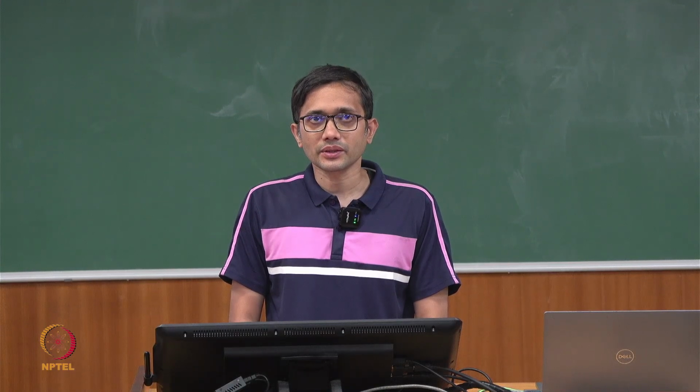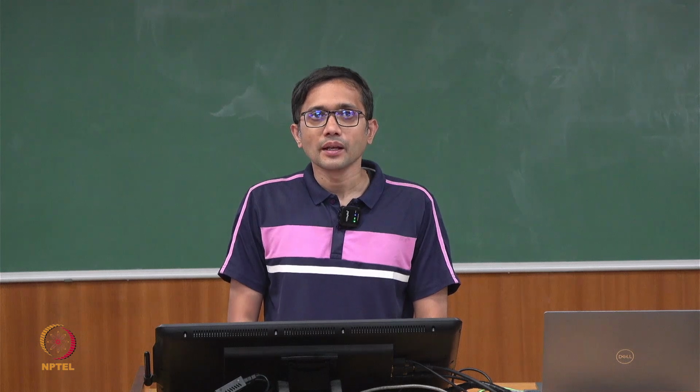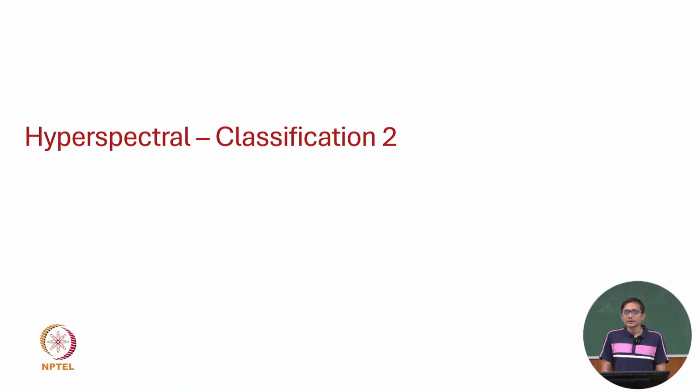In the previous lecture, we have already talked a bit about classical methods, and then we have discussed also about different CNN based approaches. We have talked about how 1D convolution, how 2D convolution are useful in hyperspectral image classification.